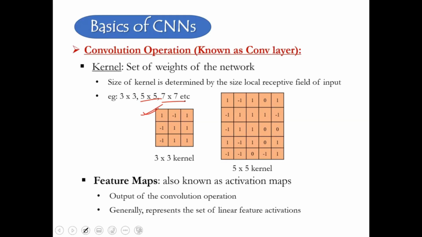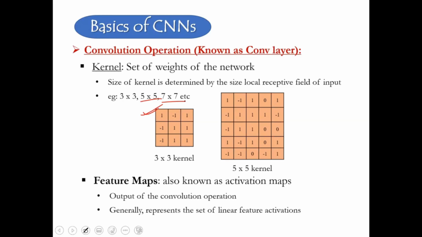In a CNN, the weights are first randomly initialized, and then automatically updated to optimized values, so that the model learns the features from that image. The feature map is also known as the activation, the output of the convolution operation.